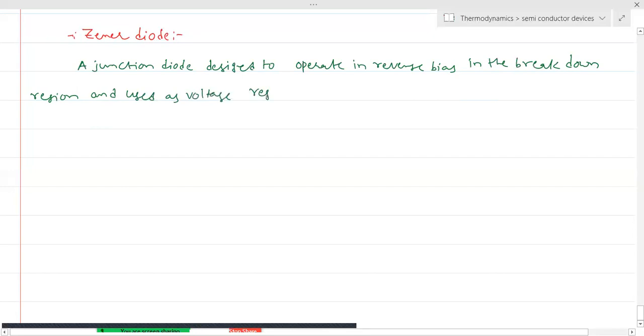Later we will understand everything about this definition.